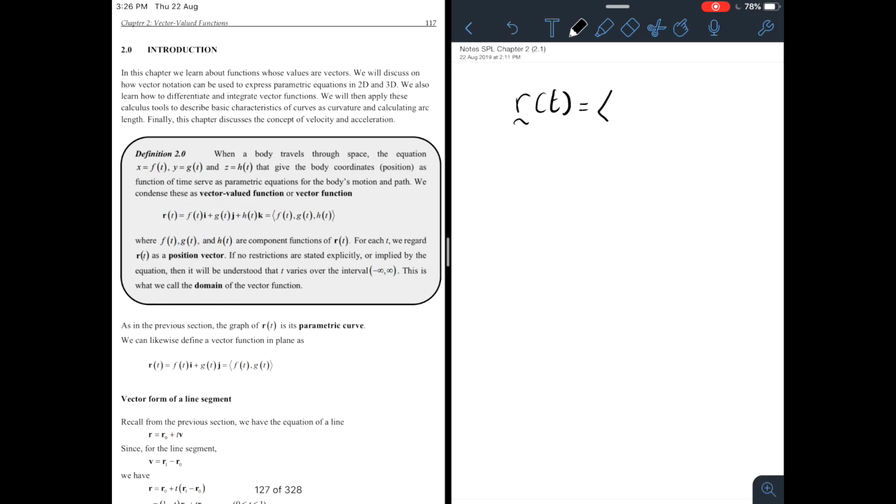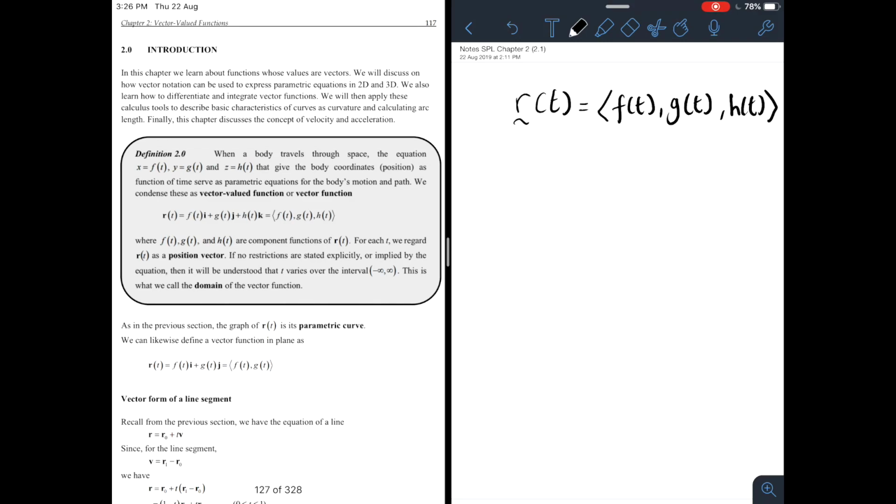Let's say we have f(t), g(t) and h(t). Based on your observation, your vector valued function consists of these 3 component functions.